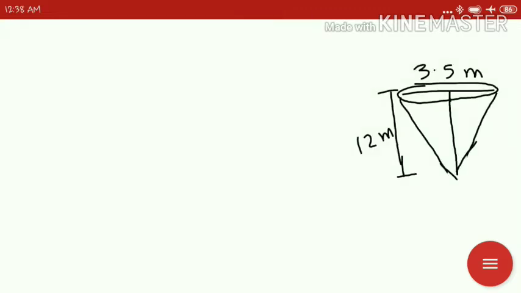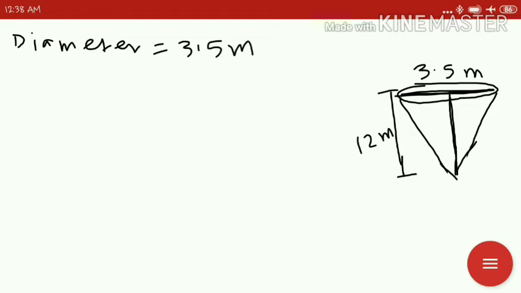If I convert this problem into a picture form, it will look like this. The pit will be a conical shape of the base diameter, that is 3.5 meter, the diameter, and the depth is 12 meter. Okay, so whatever we have got, the diameter, that is 3.5 meter, but we need the radius.